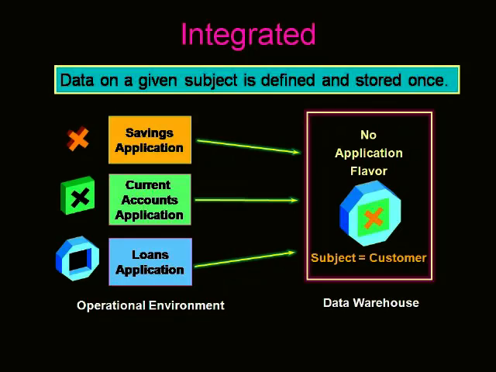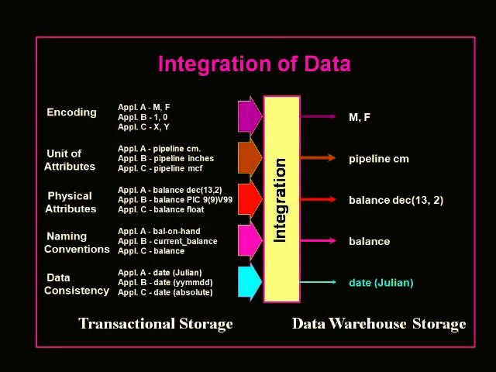That is called integrated. Then when we integrate, you may come across different kinds of issues. One type of problem can be encoding, because different sources, different databases may define sex in different ways. In application A, they define it as M or F. In another application, it is stored as a number, 1 or 0, where 1 means male, 0 means female.